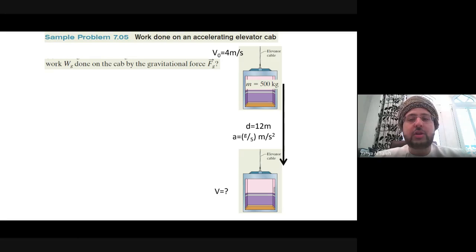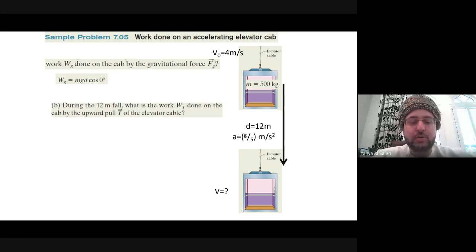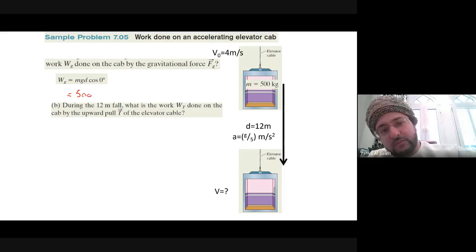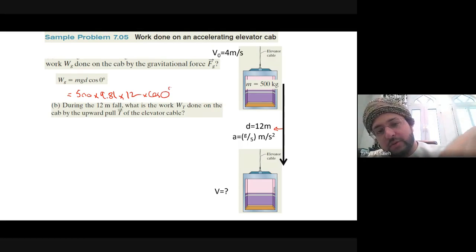Now here it's not zero because it's actually in the direction of movement. So Fg is mg, mass times gravitational acceleration. So Wg is mg d cosine theta, F dot d. And that gives us 500 times 9.81 times 12 meters times cosine theta.